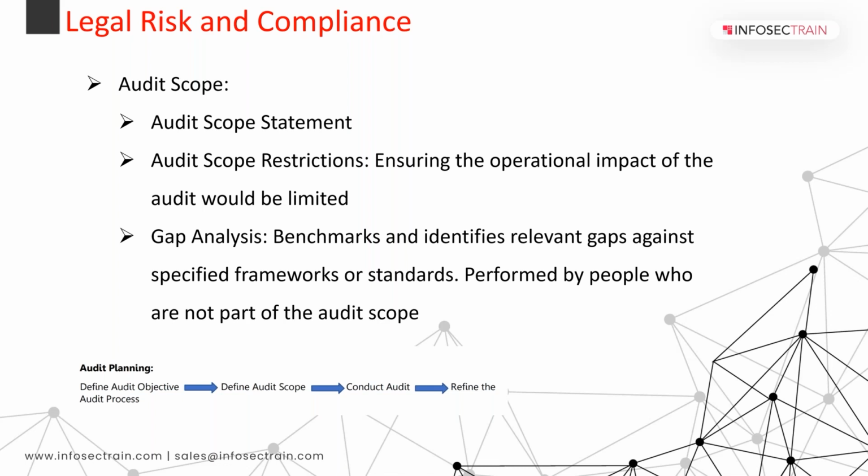What are the restrictions or the exclusions from the audit? The gap analysis should be done, and as per that, the audit plan should be prepared. All these things are explained in detail in the Cloud Security Alliance rating on the CSA STAR.